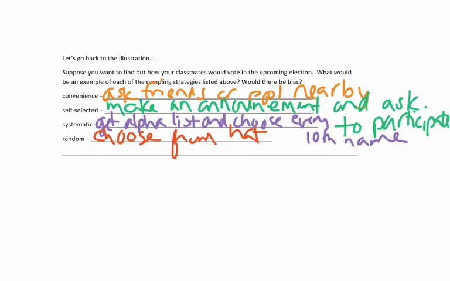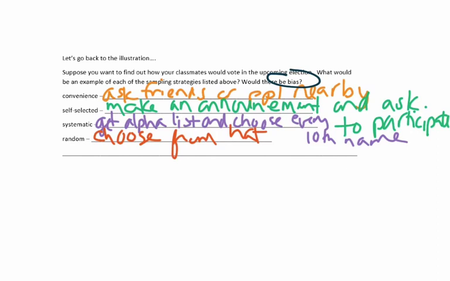Okay. So, and this component right here, will there be bias? And it's okay to say there's possibly bias. So if you were going to do convenient sampling and you were going to do the soccer team and your polling was on the physical education programs in Duval County Public Schools, then you're probably going to have some bias because now you're dealing with a population of student athletes.